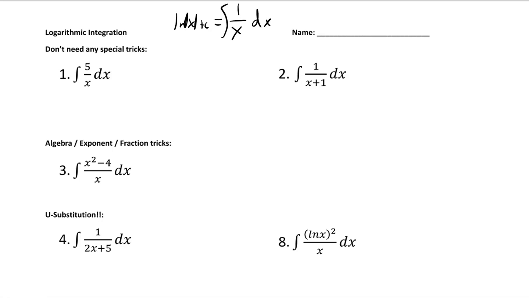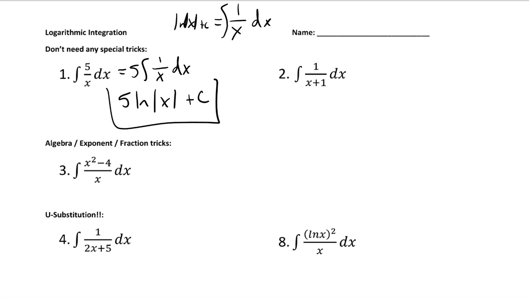Okay, so questions 1 and 2 are really just recognizing this pattern and that you've got some variation of a number over x. So this guy, of course, you could write the 5 out front like so, and then you could get 5 times the natural log of the absolute value of x plus c.